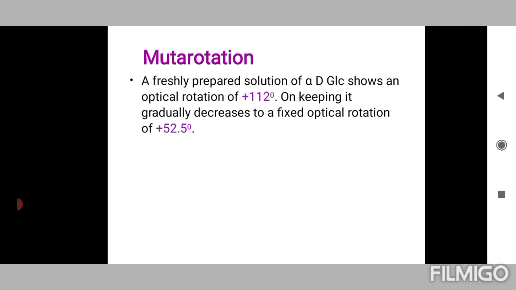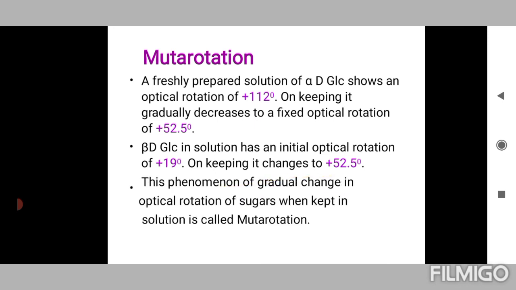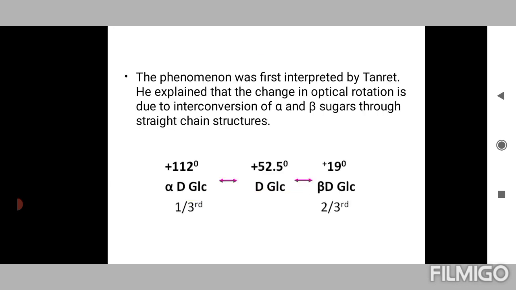But on keeping it, it gradually decreases to a fixed optical rotation of plus 52.5 degree. As well as in the case of beta D glucose, a fresh solution will have an initial optical rotation of plus 19 degree to the right, and that also on keeping it changes to plus 52.5 degree. So this is called mutarotation, and this was explained by Tanret.